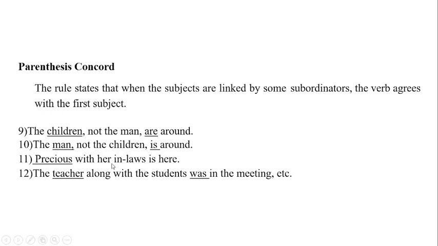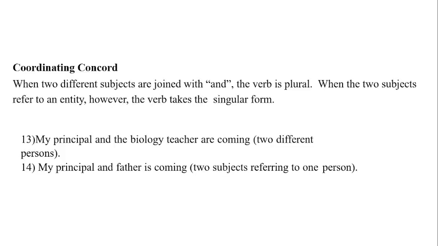The teacher, along with the students, was in the meeting. Along with the students is in parentheses, which is optional in the sentence. So you say the teacher was in the meeting. Okay. The next type of concord is the coordinating concord.